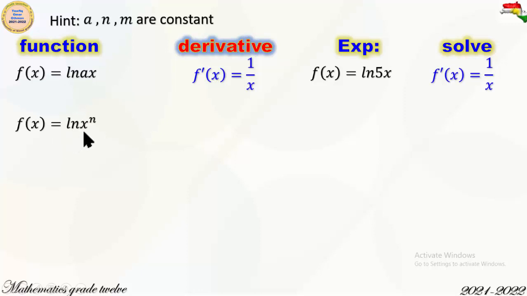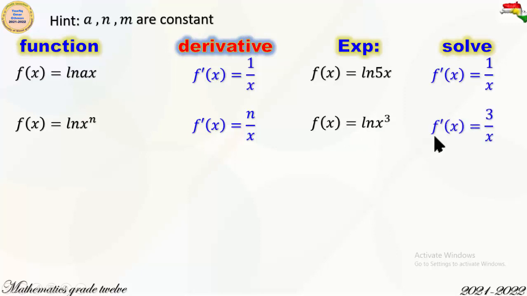F of x is equal ln of x to the power n. Then f prime of x is n over x. For example, f of x is equal ln of x cubed, which equals f prime of x equal 3 over x.